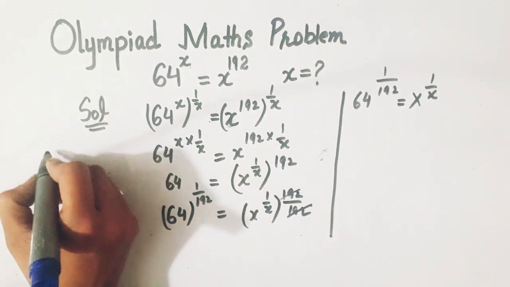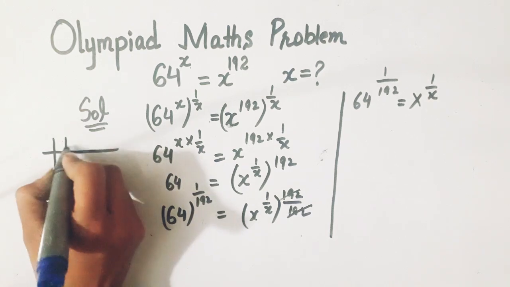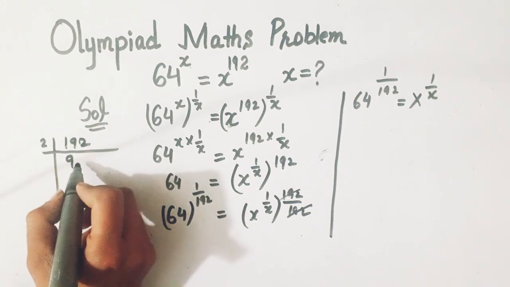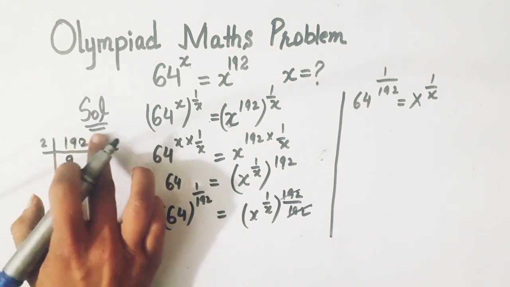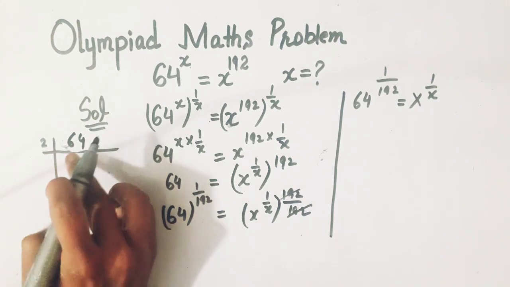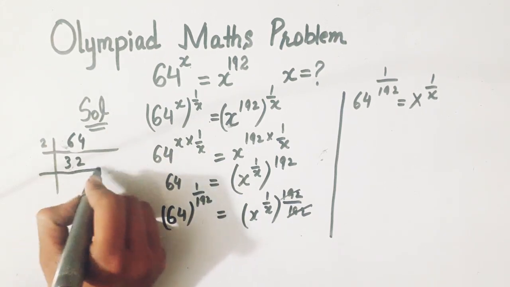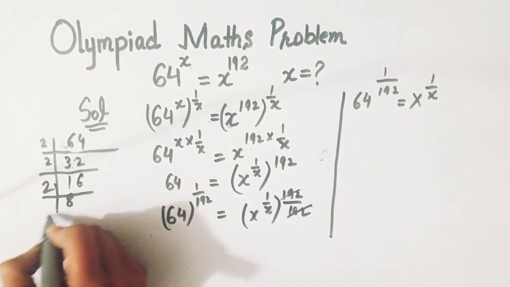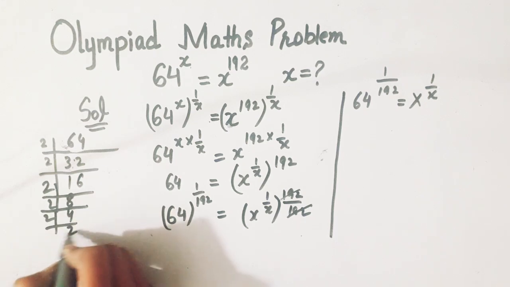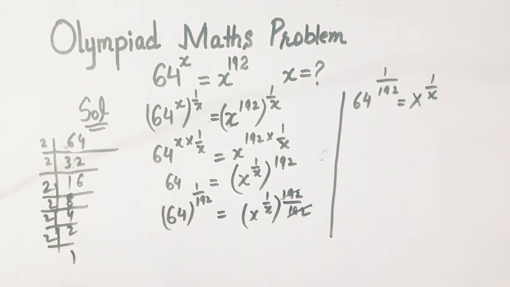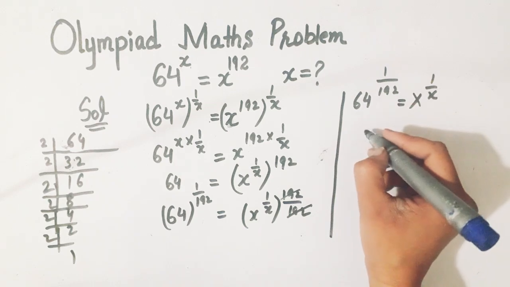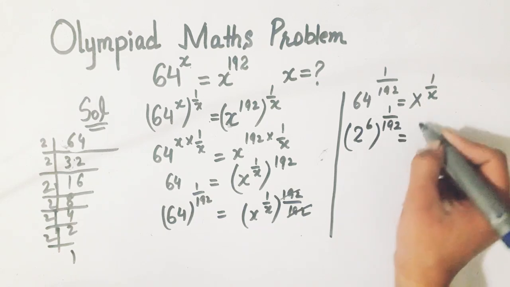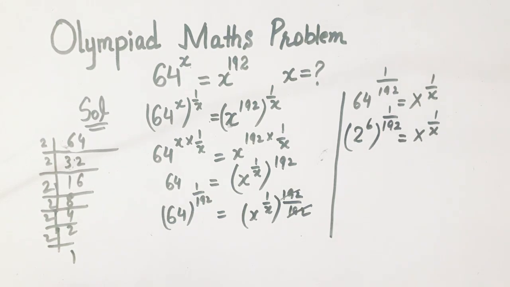Now we will take the factorization of 64: 2 times 32 is 64, so 64 is 2 raised to power 6. So we have 2 raised to power 6 with power 1 by 192, and here x power 1 by x.